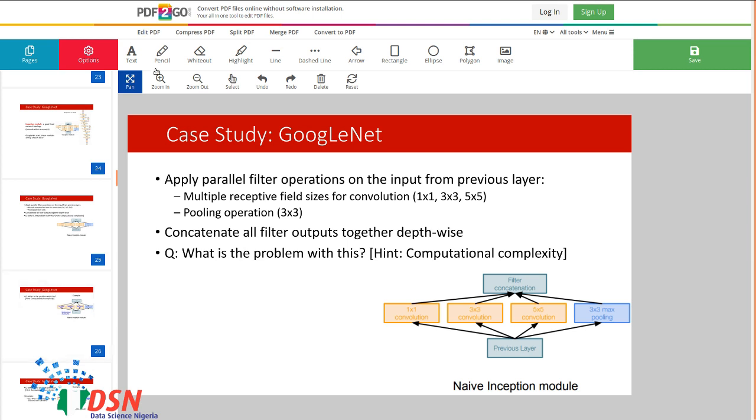Okay, so in each inception module, they use a 1x1 convolution, 3x3 convolution, 5x5 convolution, and max pooling, and concatenate all of the resulting activation maps together to have the next layer result.